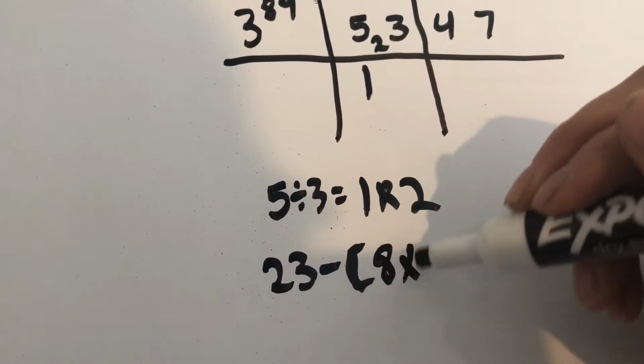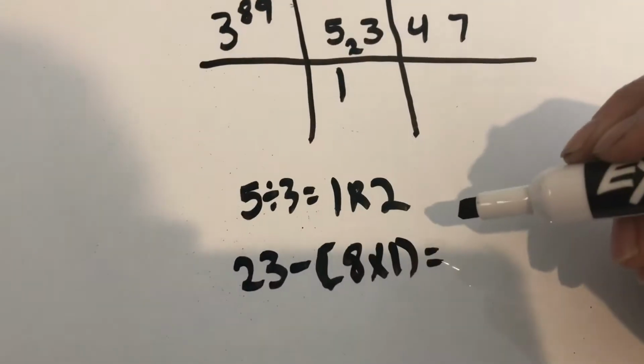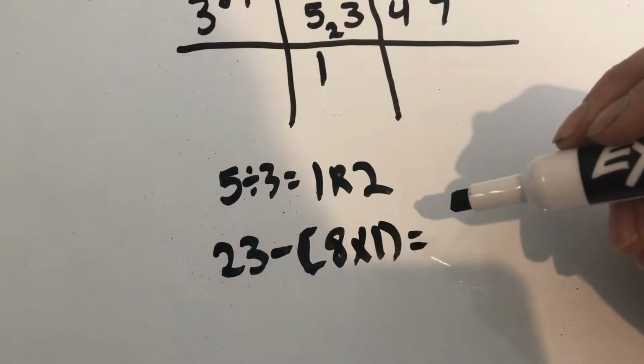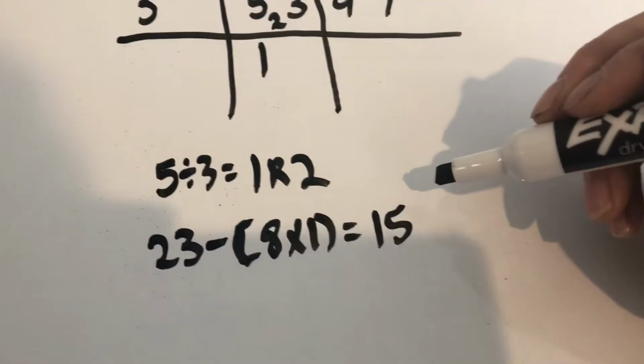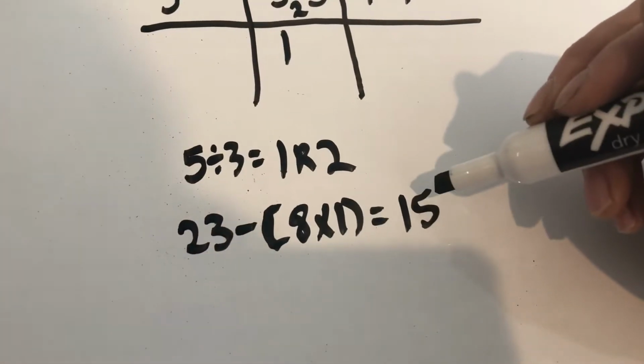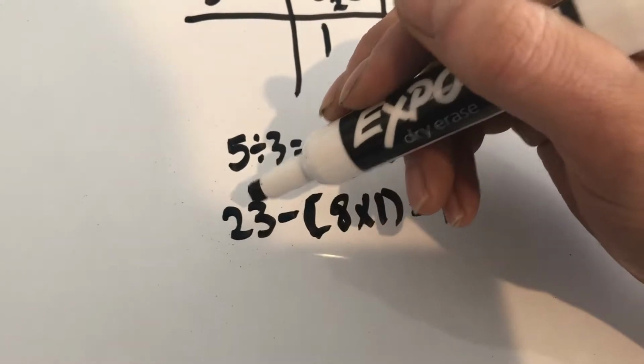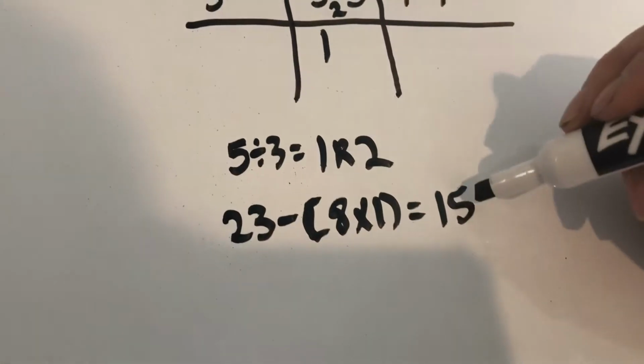So 8 times 1 equals 8, and 23 minus 8 is 15. 15 will be the net dividend, and 23 is the gross dividend.